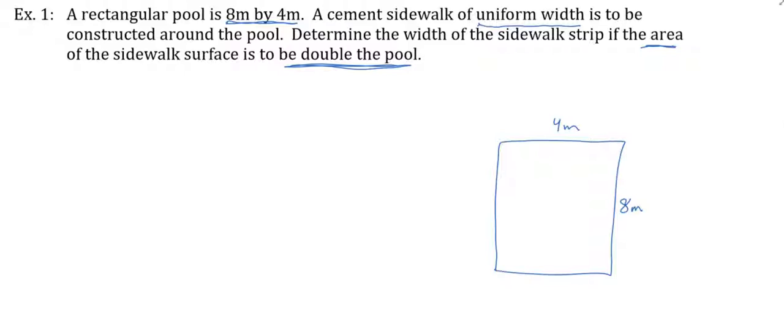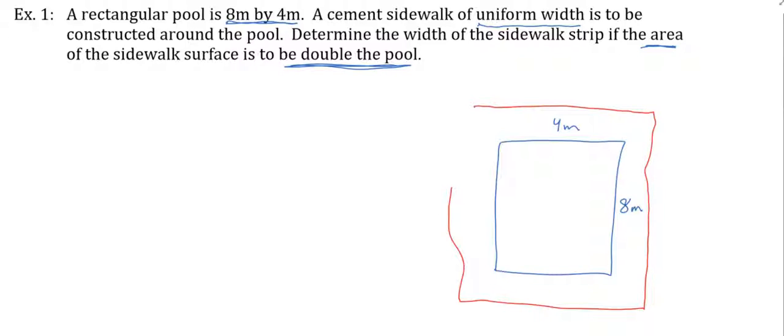So here we go. I'm going to draw the pool first and label it. So this is 8 meters, and this is 4 meters. And then it says the sidewalk is to be constructed around the pool, and it's going to be uniform width. So I'm going to draw this as best as I can, but it doesn't have to be drawn super to scale.